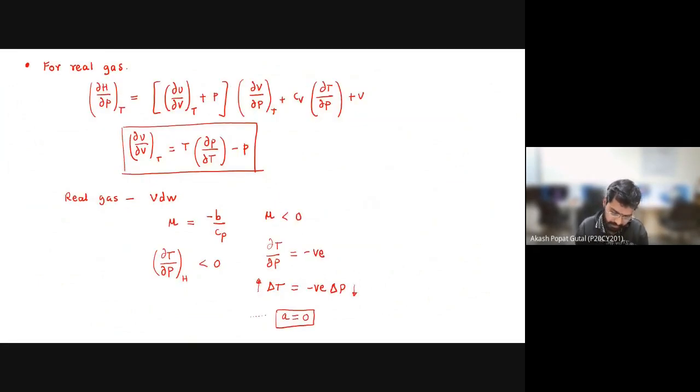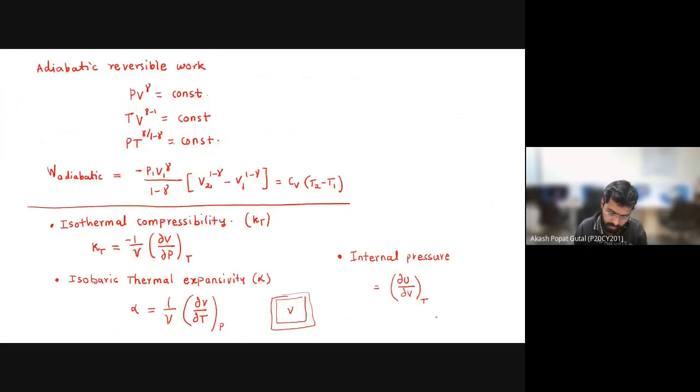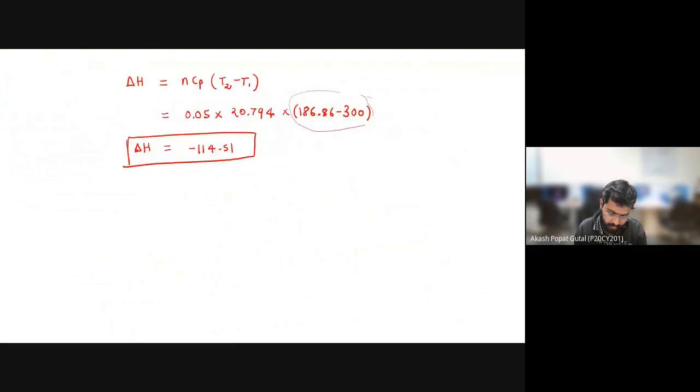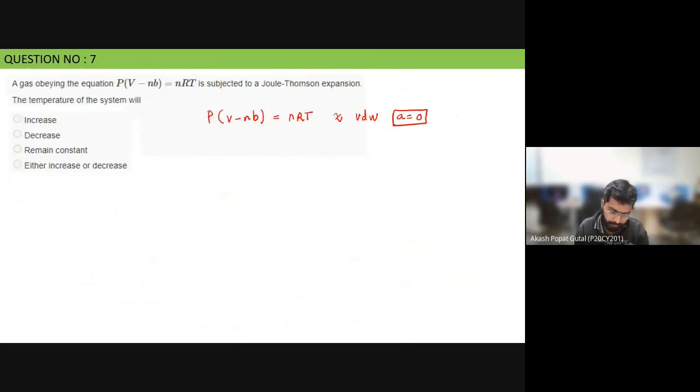Here we discussed that for a van der Waals gas, when a is equal to 0, the mu value is minus b by Cp. It's a negative value. This question is related to the same. Here the same condition will be there.